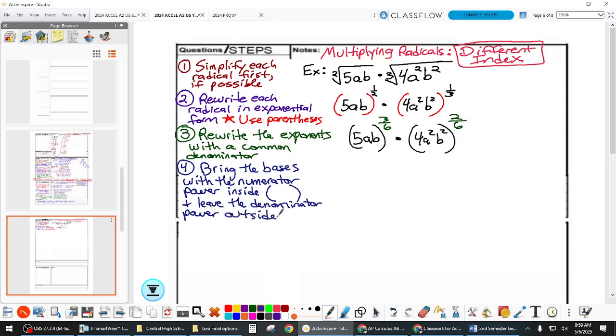Okay, write that and then I'll show you what I mean. So big parentheses to the 1/6. So denominator power outside. Inside, still have those parentheses around the 5ab. Those don't go anywhere. To the 3rd, and (4a squared b squared) squared.